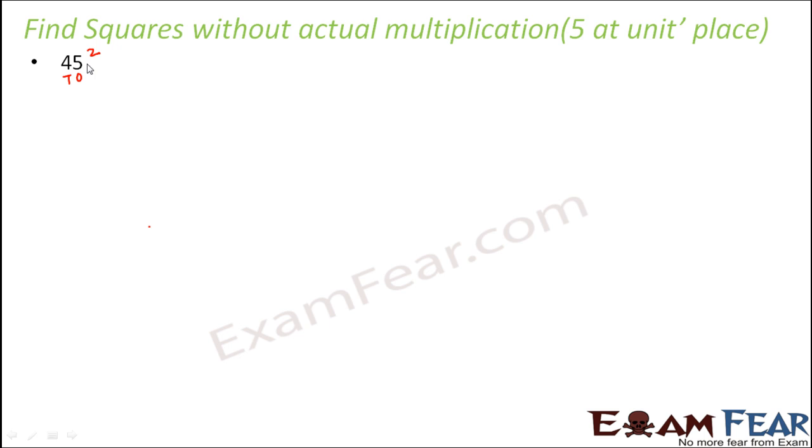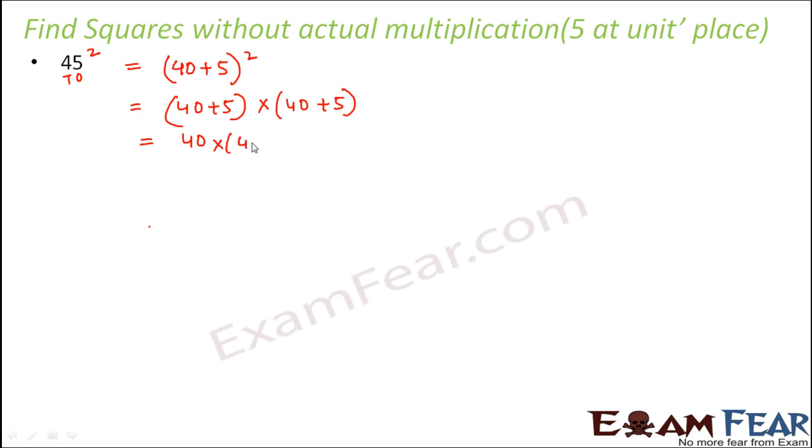Now that you have 45, how can you write 45? You can write it as 40 plus 5 whole square. So this can be written as 40 plus 5 multiplied to itself, that is 40 plus 5. Now again with the same logic, this can be written as 40 multiplied to 40 plus 5 plus 5 multiplied to 40 plus 5.